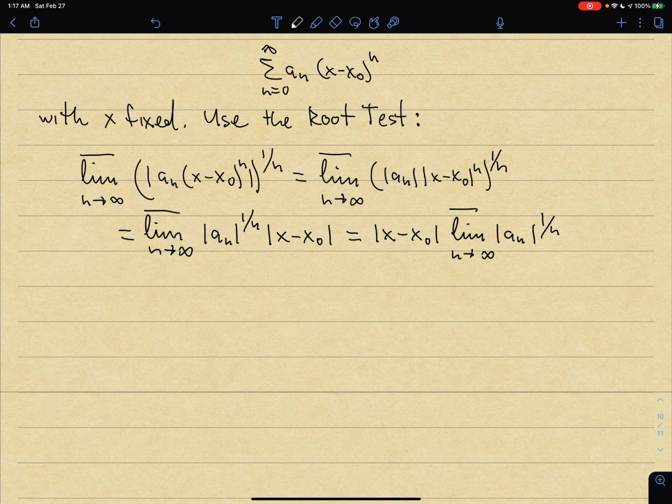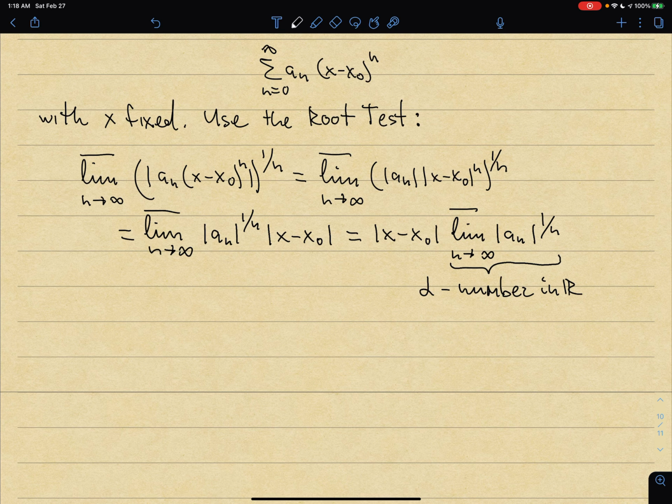And then for the sequence of numbers a_n, this limit is just some number in R. In fact, we can denote it by something, let's call it alpha.